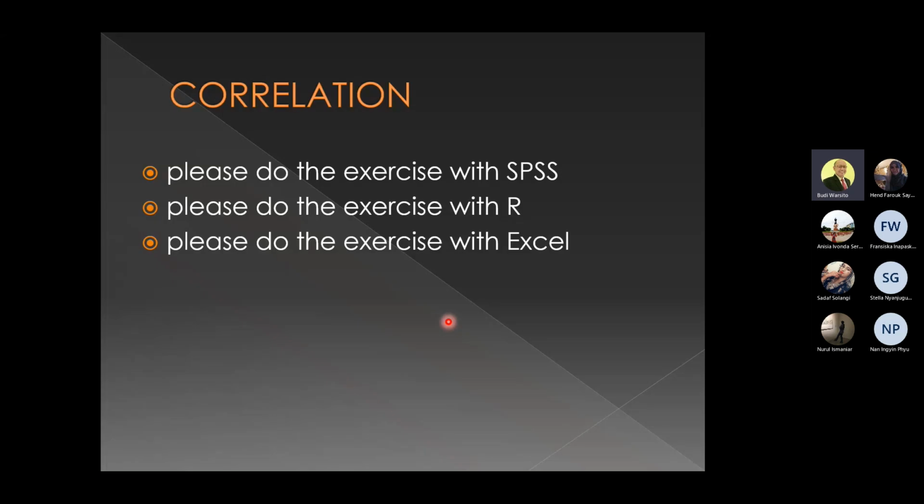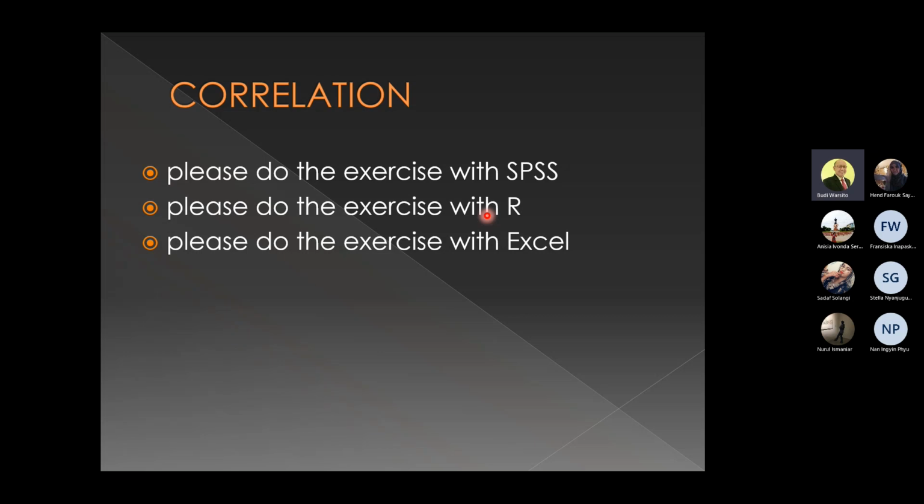Excel, R, or SPSS. There are so many software that can be used to calculate the correlation. But SPSS is a statistical program for social science, and it's not free for you. You have to pay a lot of money to get the software.